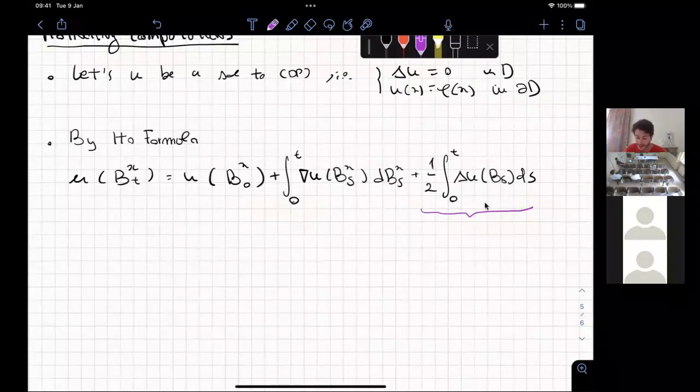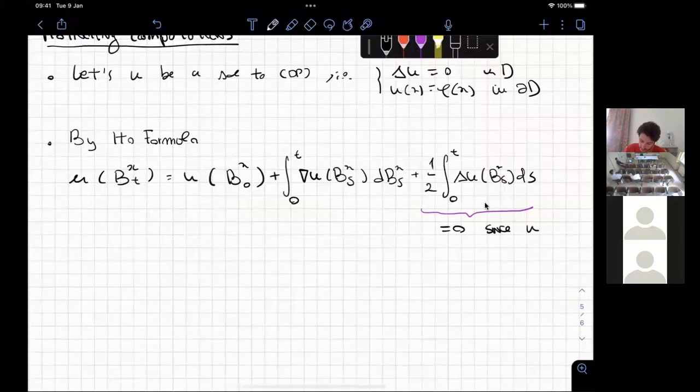Here, x is evolving inside the domain, is confined in D. So x is a point of the domain, and if we evaluate the Laplacian of u at that point, it will vanish. So this is 0 since u solves the Dirichlet problem, particularly because it's harmonic. Here we are not talking about the boundary condition for the moment.